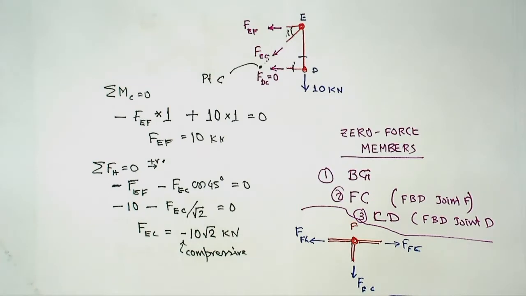So that is compressive. If this is compressive, how should the balance be? You can see the vertical components are balanced, so this should be balanced by that one. If you say summation of vertical forces is 0, you will see this angle is 45 degrees.